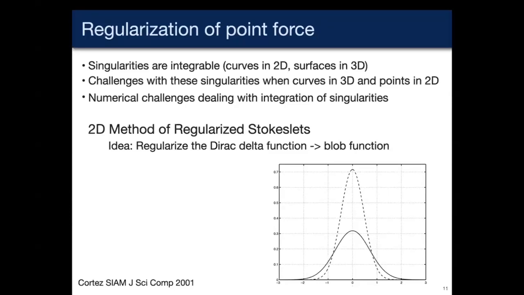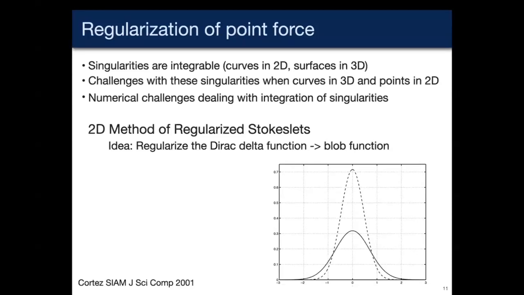And so the singularities are integrable if you're working on curves in 2D or surfaces in 3D. So things are pretty nice in that case. But challenges occur with these singularities when you have curves in 3D you're interested in, or points in 2D. So where is your force being applied? If it's being applied on a curve in 3D or a point in 2D, you're going to have some issues integrating the singularities.